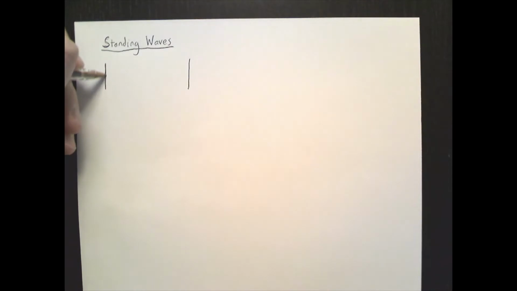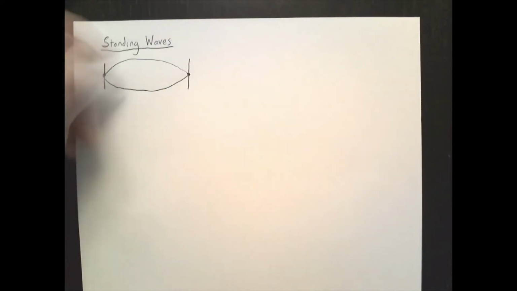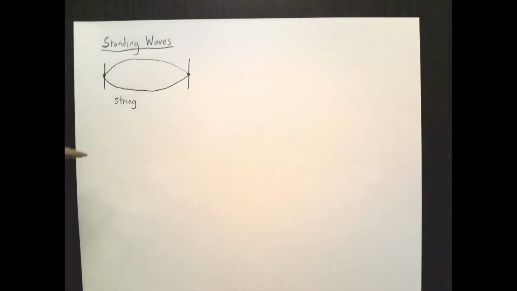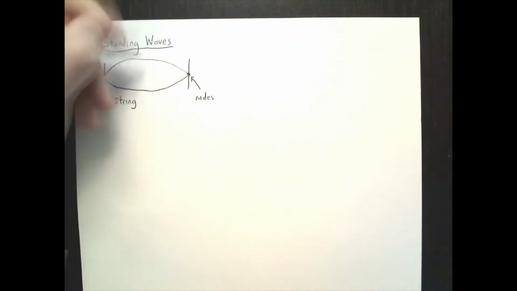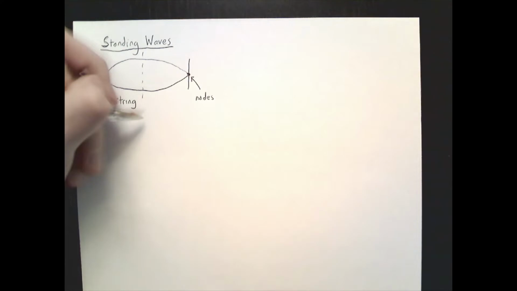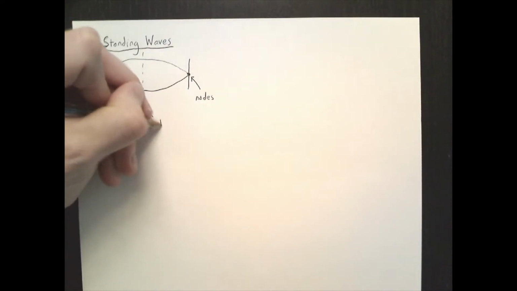We saw this on a string where both ends are fixed, which forced half wavelength increments to be inside those boundaries. So here's our string. We call the points where the wave is completely fixed, with no motion at all, nodes. And likewise, this point where the wave is moving the most up and down is our antinode.